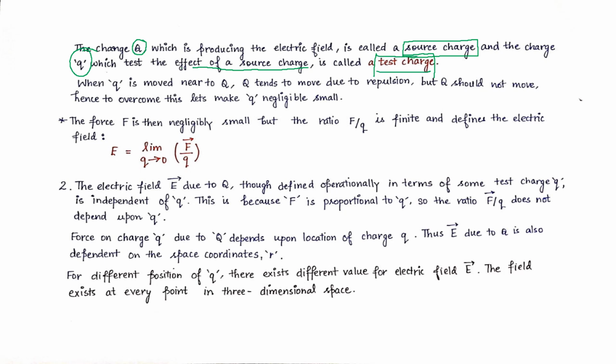Small q is moved near to capital Q, and capital Q tends to move due to repulsion, but capital Q should not move. Hence, to overcome this, let's make q negligible. So we have a few conditions here. Small q and capital Q follow Newton's third law.